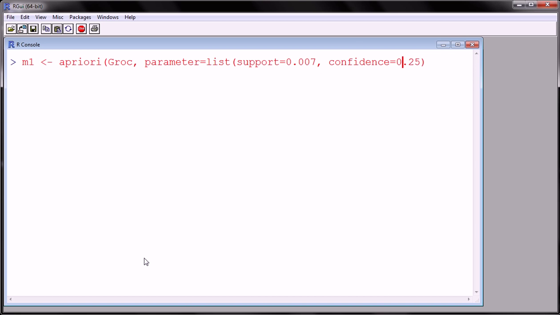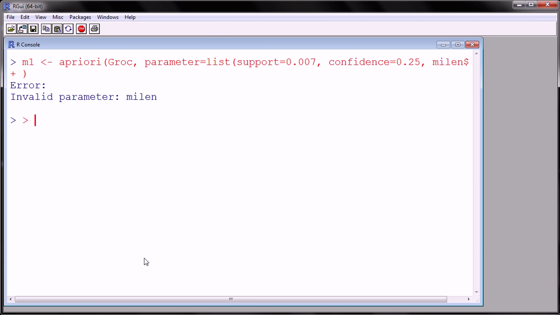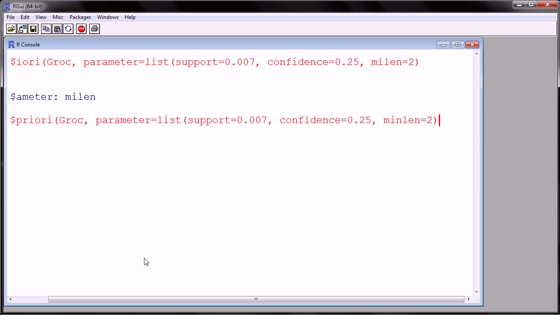And let's also control the minimum length of a rule. So minlen. We don't want rules that are one item. They're useless here. So let's make them at least 2 items. Hit enter. I forgot a parenthesis, let's clean that up. So minlen is the minimum length of a rule.